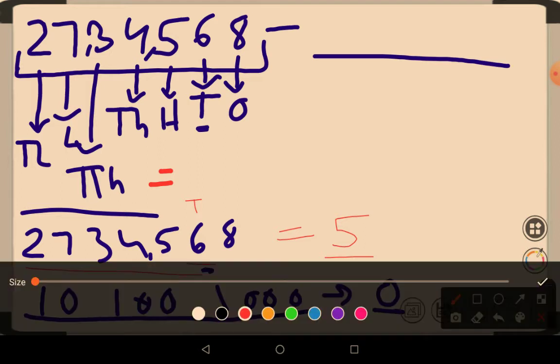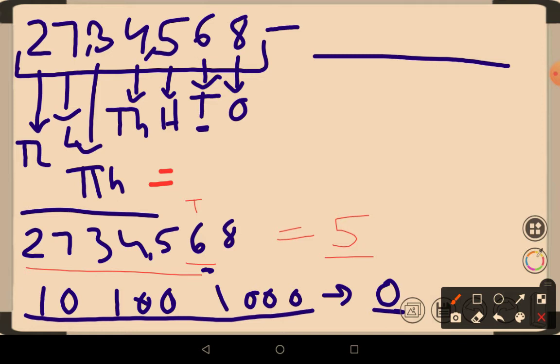Now how to compare it with 5, children? If the digit is less than 5, I will write the same number.